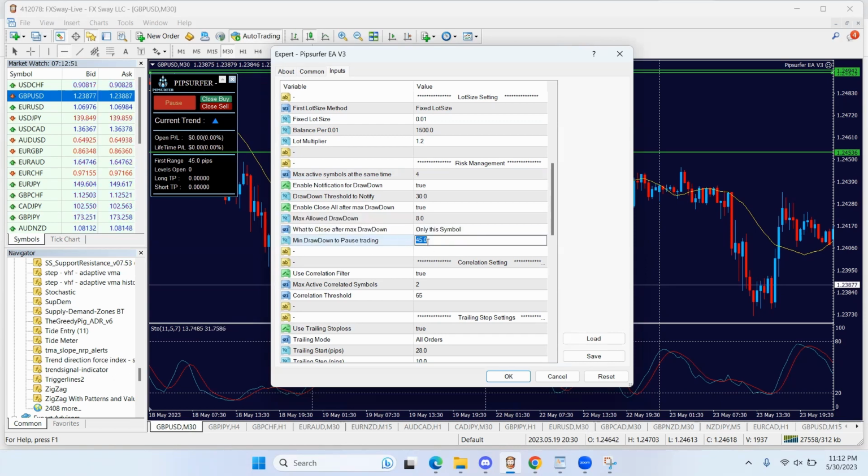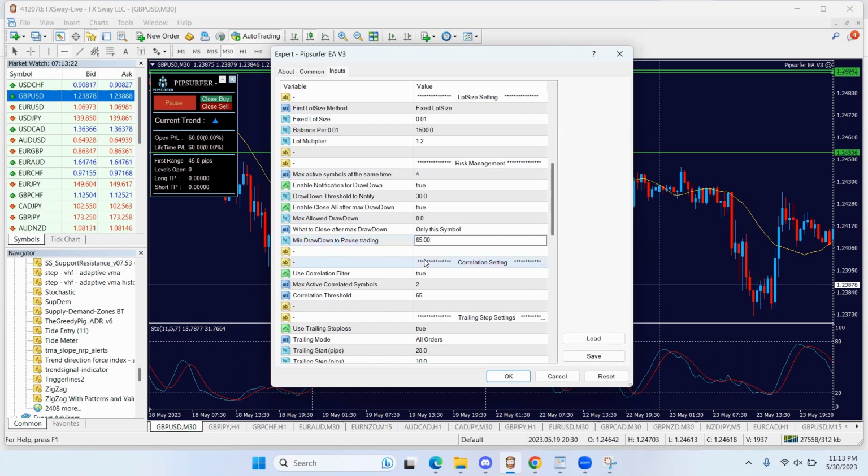Minimum drawdown and pause trading is an account level setting, and once your account reaches 45% drawdown, then it's not going to trade on this pair. Any pair that has 45% drawdown on your Pipsurfer account, it'll stop trading on that pair. Now, if you always want a certain pair to trade, all you would have to do is increase this.